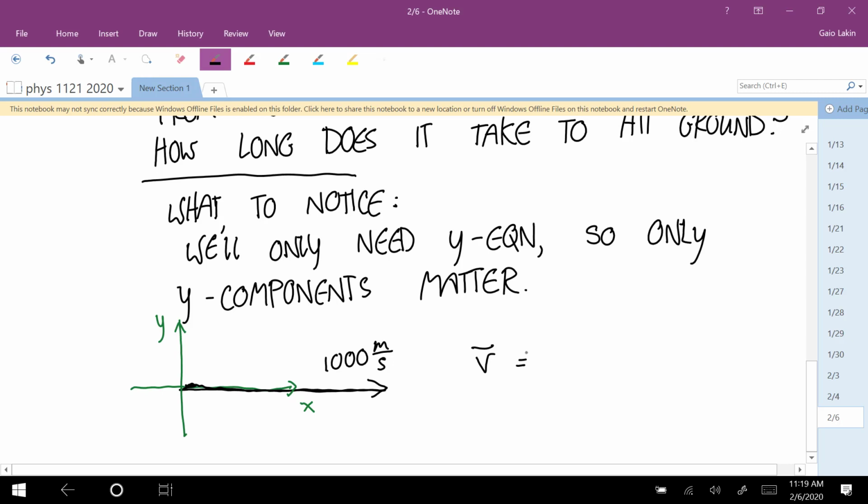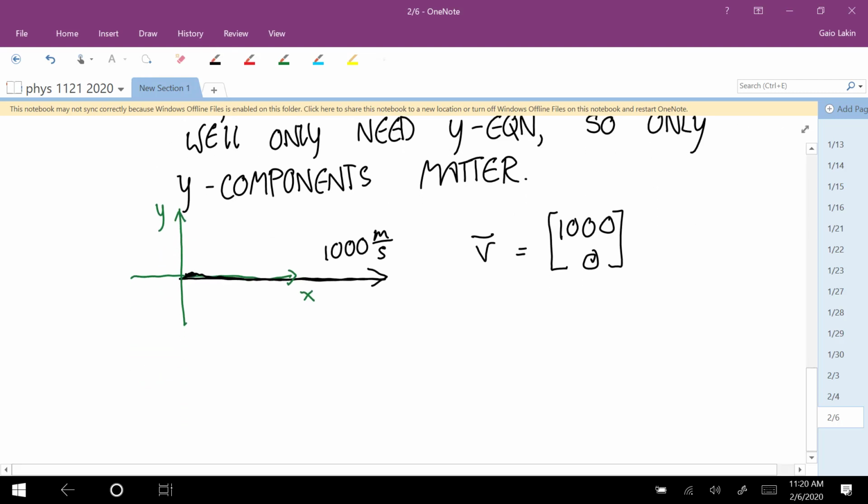And so that initial velocity is 1,000, 0. And even though the 1,000 is a really big number, the component in the y direction is 0, the same as if it's just dropped, okay? So that's what we're gonna see.